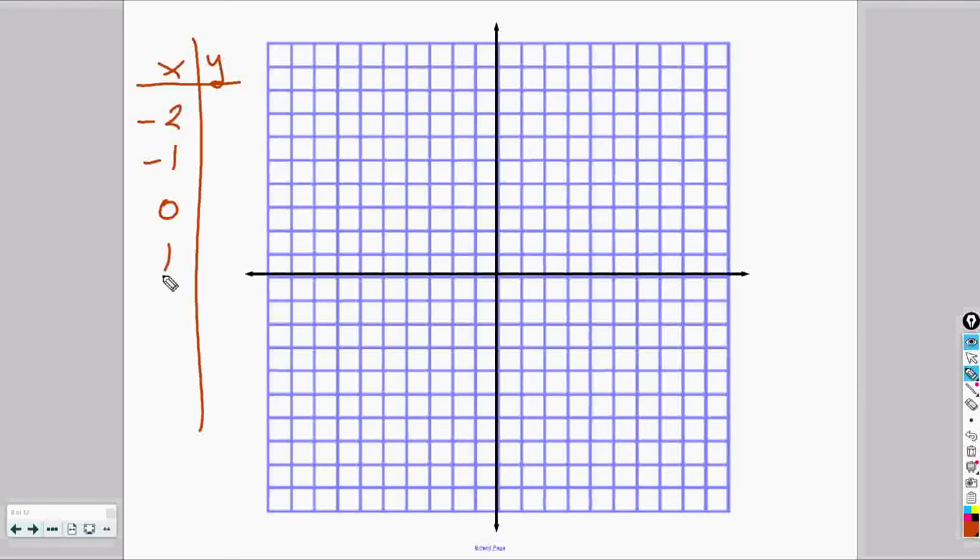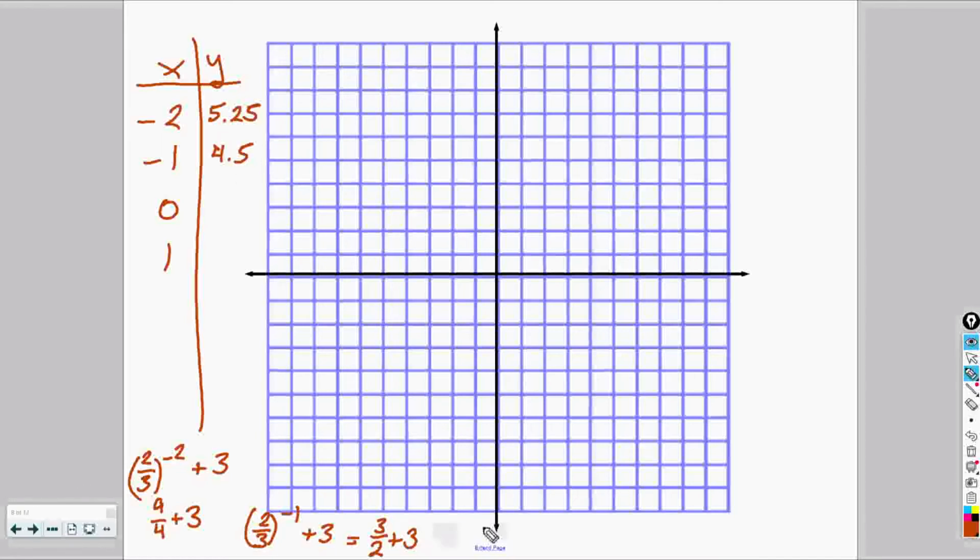For -2, we have 2/3, that quantity to the -2nd power plus 3. If we evaluate, we would get 9/4 plus 3, which would be about 5.25. If we plug in -1, that would give us 3/2 plus 3, and that would give us about 4.5.